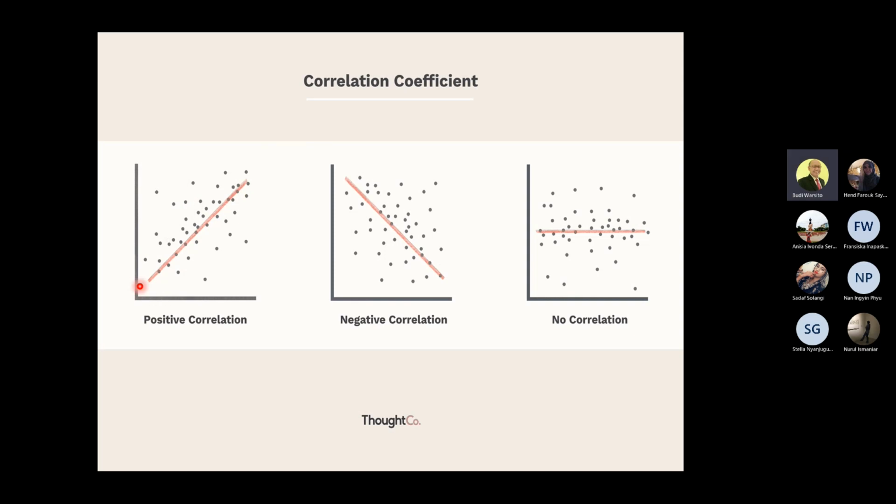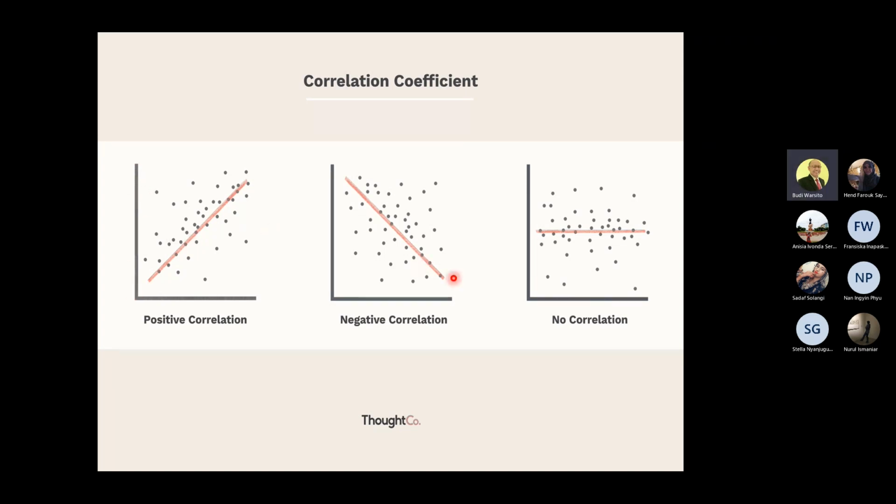and we can say that there is a strong relationship in the left figure. On the left side of the figure, we can see that there is a strong and positive relationship between the horizontal and vertical axis.